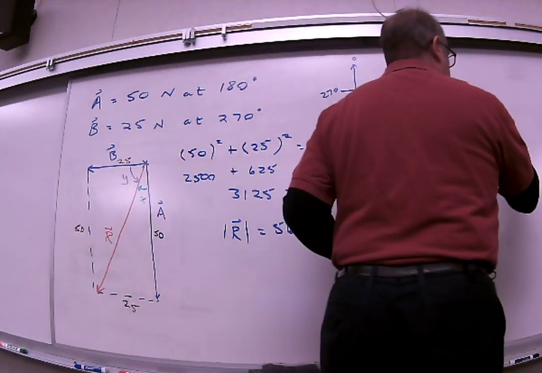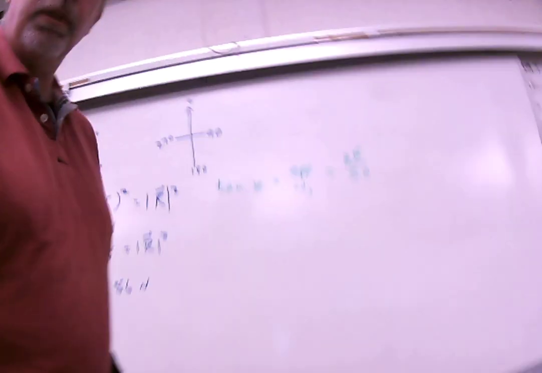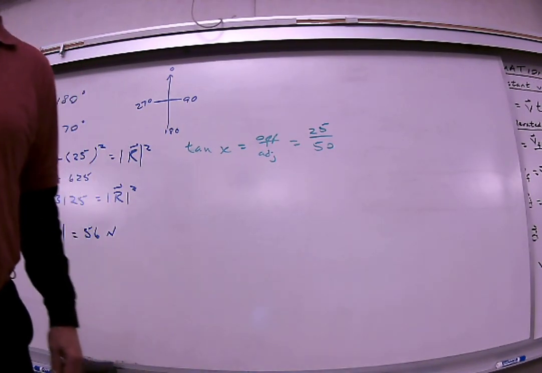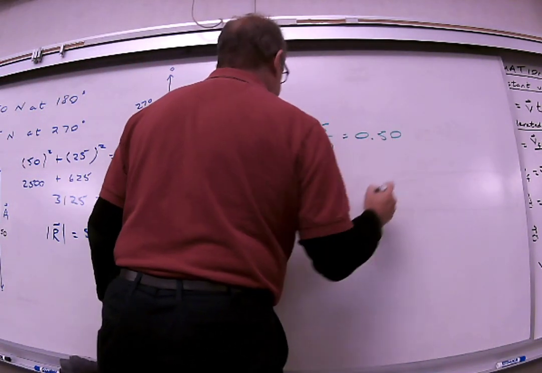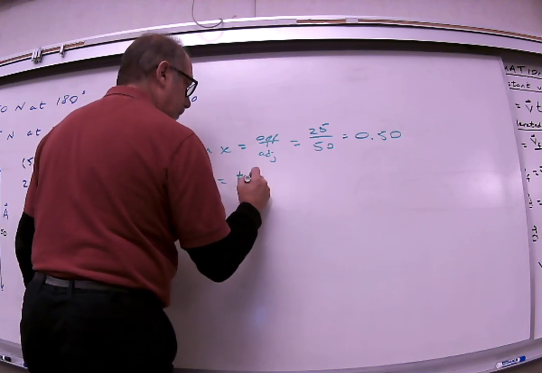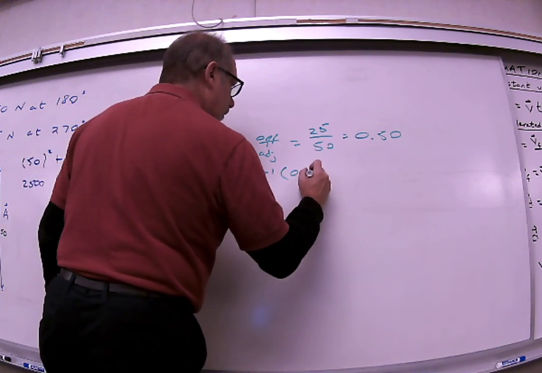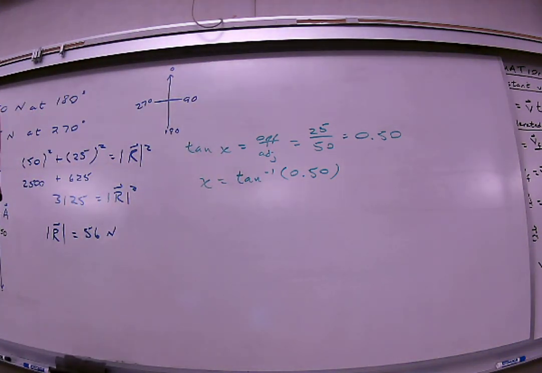So, 25 over 50. Maybe it's easier for me to move the camera than the board. All right, 25 over 50 is 0.5. And then x will be the inverse tangent of 0.5. Calculators. To the nearest degree, what is the inverse tangent of 0.5?